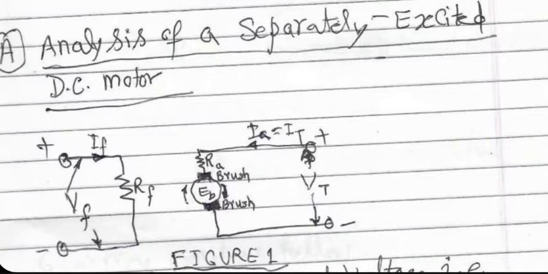So Vt minus EB divided by RA will give you the current going in, which can be called terminal current and which also happens to be armature current in case of a separately excited motor. The field current, of course, is simple enough to figure out. IF will be VF divided by RF.